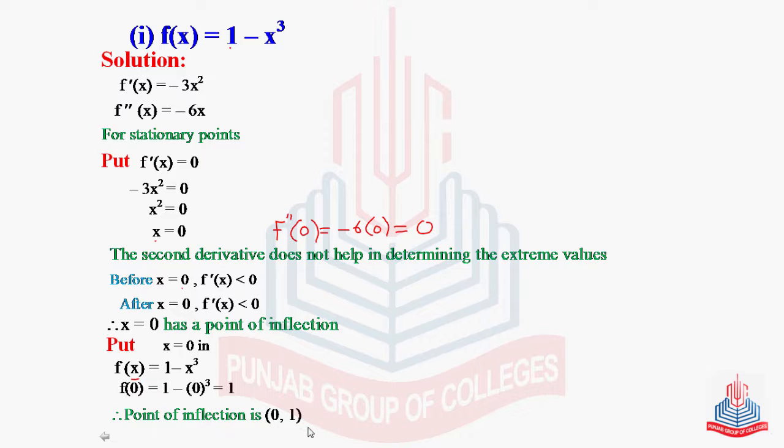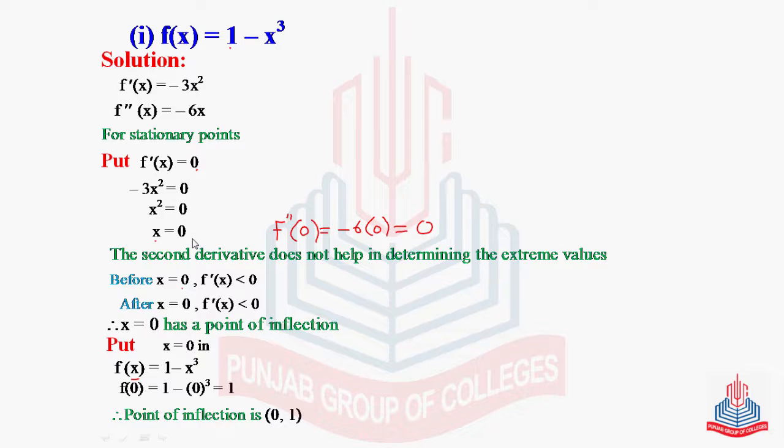Again, we can repeat this procedure. When we have a function, we first find first derivative, then second derivative, and for stationary points, we already discussed in our theory that stationary points are the points where function has maximum or minimum value, and we will get these values by putting our first derivative equal to 0, and from this equation we will get the values of x, and in this case we have x is equal to 0.